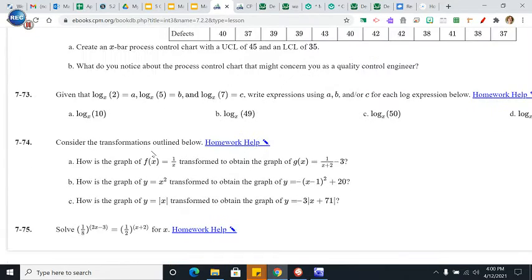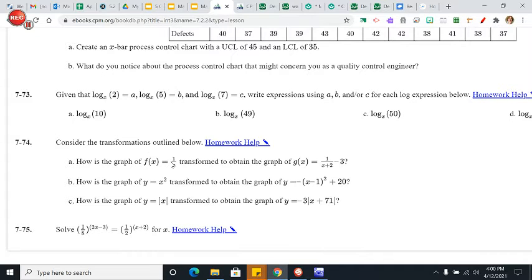So we could take log base x of 10. Okay, I think I wrote those on a card so I could have them handy.